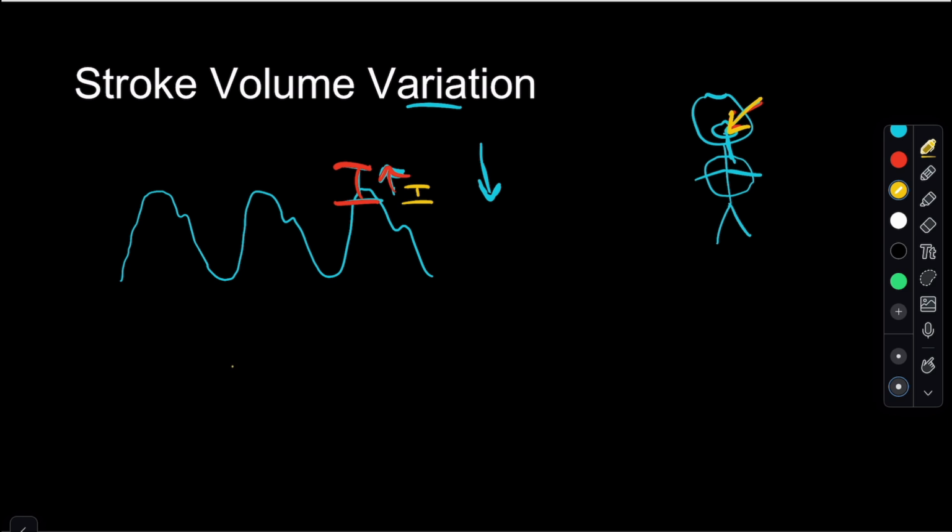So ultimately, the criteria that you would use is if you see a stroke volume variation of greater than 15%, then that's your indicator that the patient is probably volume responsive. So if they have a large degree of stroke volume variation, then you could give them fluids or colloid, some sort of intravascular volume, and that would help improve their hypotension or perfusion, whatever you're trying to treat.